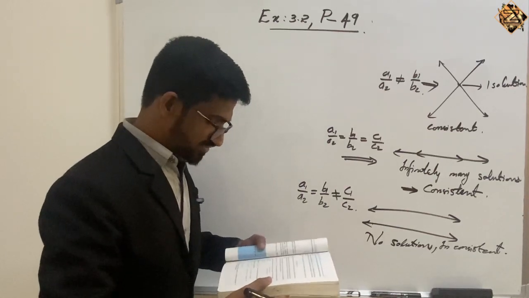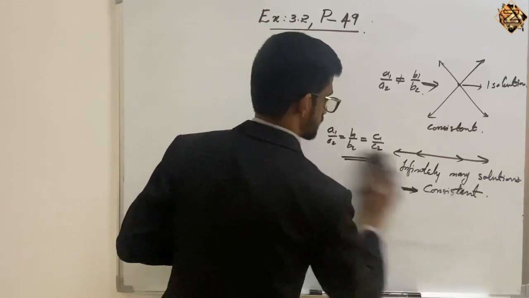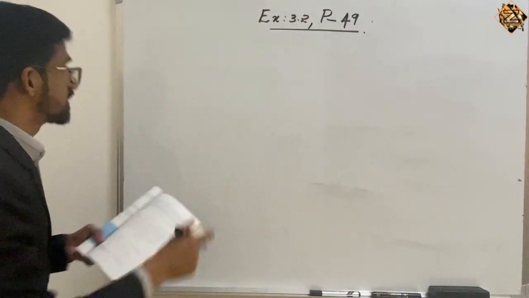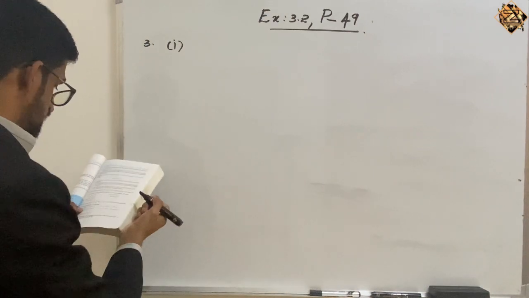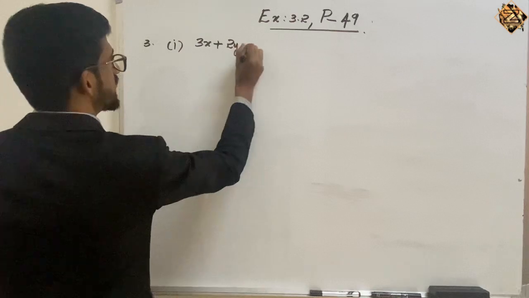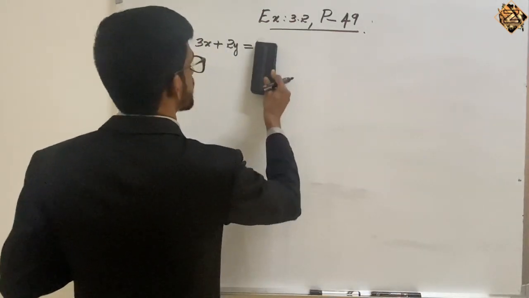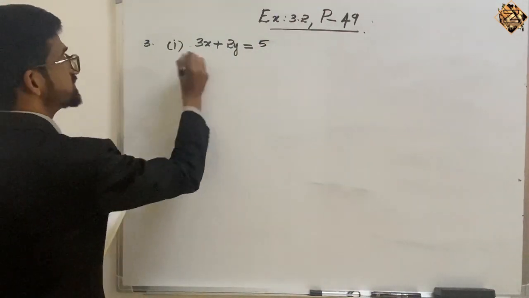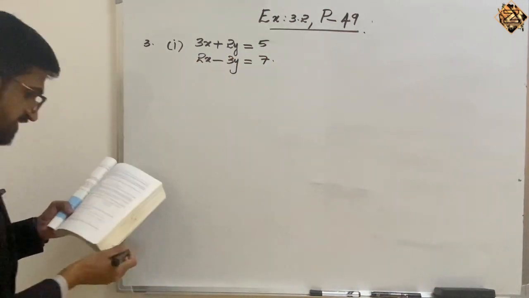Okay, so when we look at question number 3, the first question is 3x plus 2y equal to 5 and 2x minus 3y equal to 7.